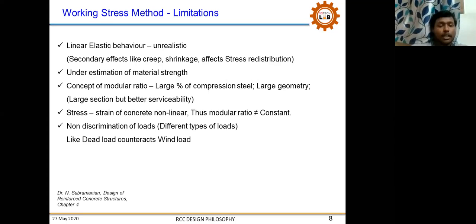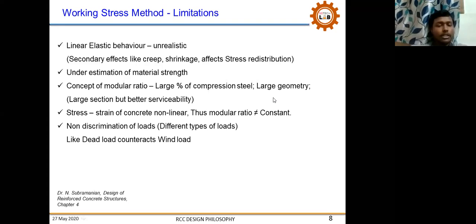Under the assumption, there is underestimation of material strength, so they have put so much material into this place, where they just understand that once the material yields, that's all, that material has failed. That is their understanding. But what about the plastic stage, where it goes beyond that yielding point? They have not considered that at all. That leads to large compression steel as well as large geometry, because they have a certain load and think that if it yields, it fails.